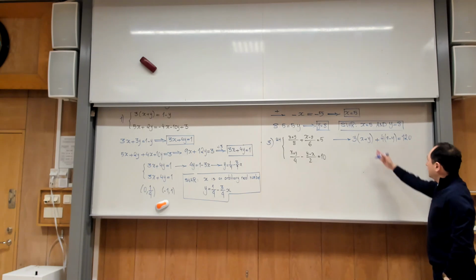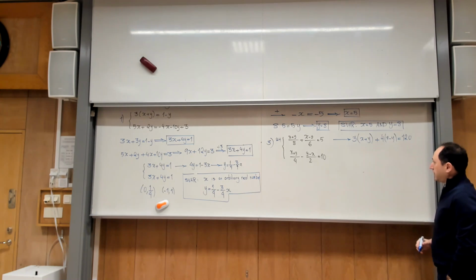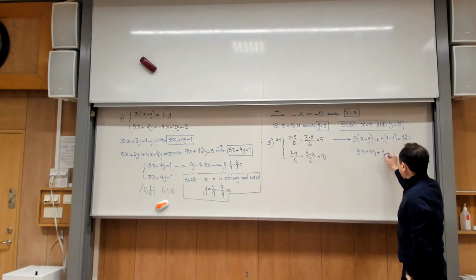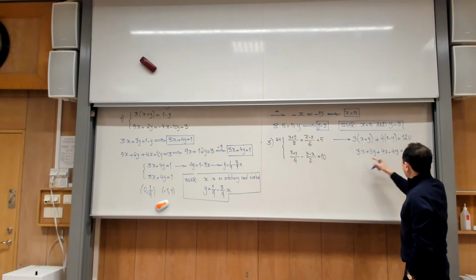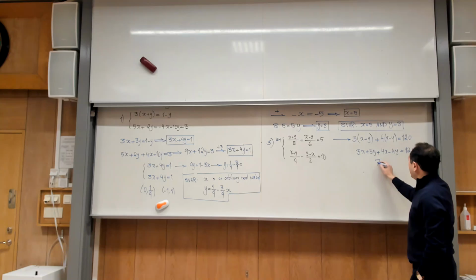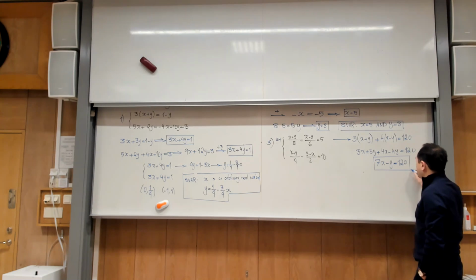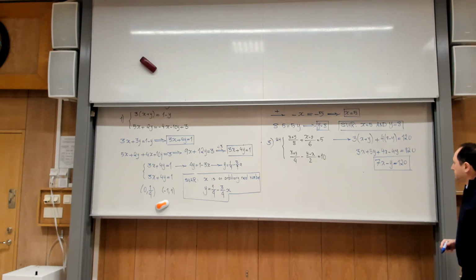So if you don't mind, let me simplify this as much as I can. So I multiply 3 in, and I multiply 4 in, and then I start simplification. 3x plus 4x is 7x minus y is equal to 120. So that is the simpler version of the first equation.